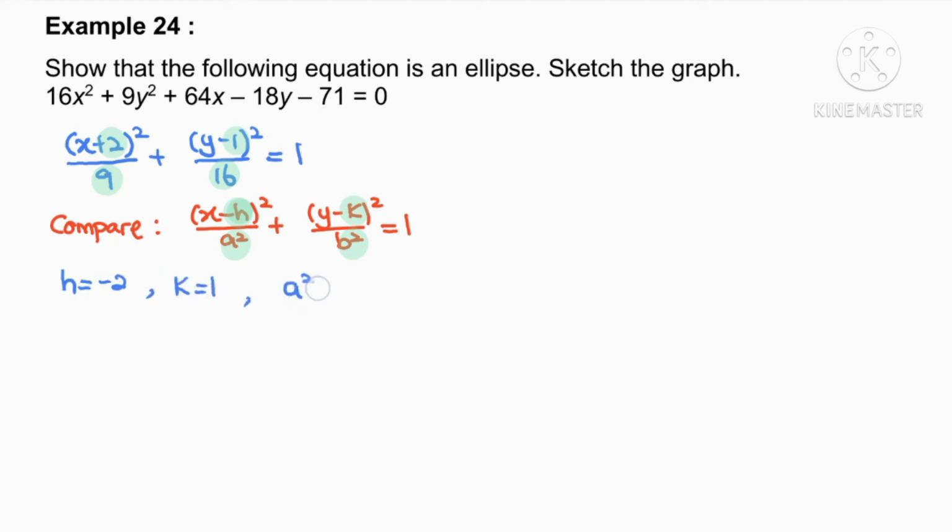a squared is equal to 9, so this means a is equal to 3. And b squared is equal to 16, this means b is equal to 4. Since the value of b is greater than a, c squared is equal to b squared minus a squared.